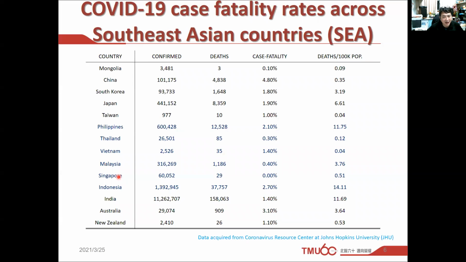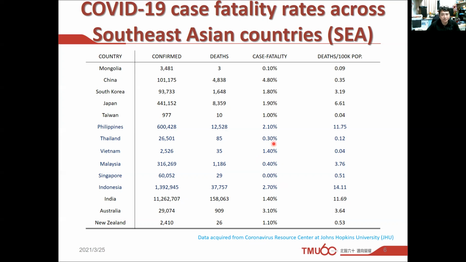You can see the mortality rate is around 2.1 in the Philippines, 0.3 or 0.4 in Vietnam, and 0.4 in Malaysia. Singapore is 0% fatality. And Indonesia has a higher 2.7, which is above the average mortality rate compared to other countries.